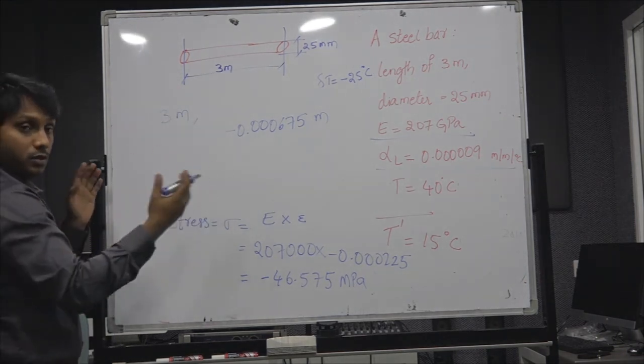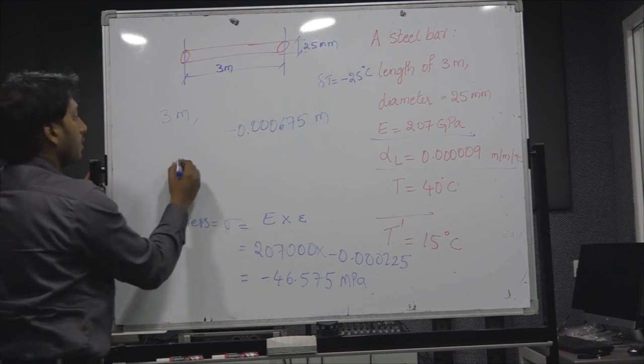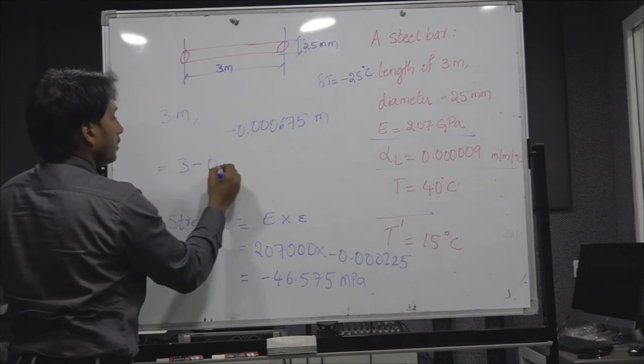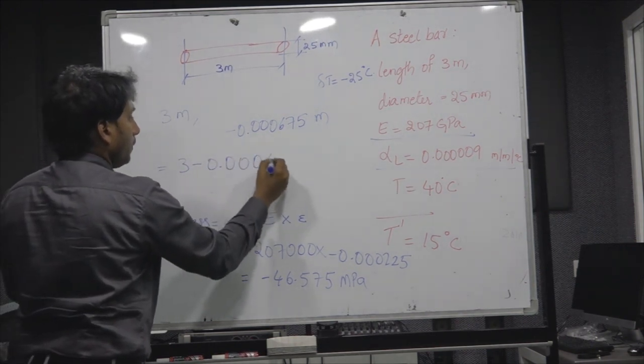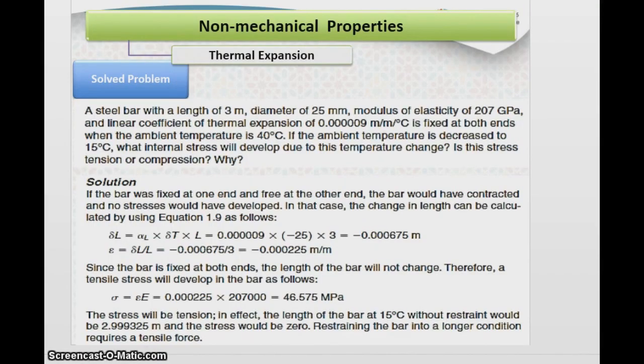If it was not restrained by the fixed ends, it would be 3 minus 0.000675 meter, which is 2.999325 meter. From this you can understand the bottom line which was given.